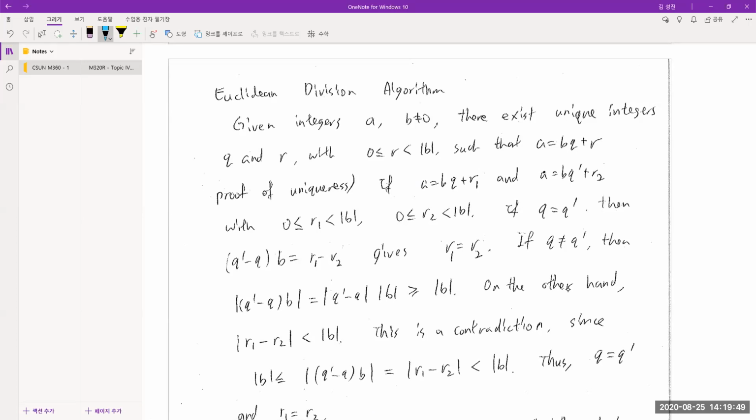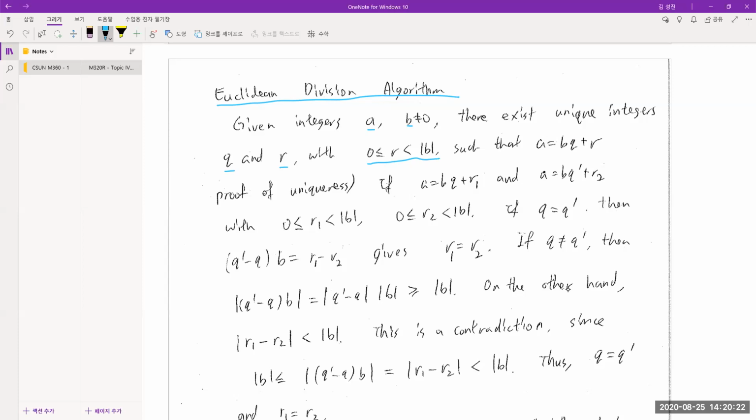Next, we introduced the Euclidean division algorithm. We did that in Math 320. The statement: given integers a and b, where b is a non-zero integer, there exist unique integers q and r, where r stands for the remainder, such that r satisfies this inequality. It allows 0, but cannot exceed the absolute value of b.